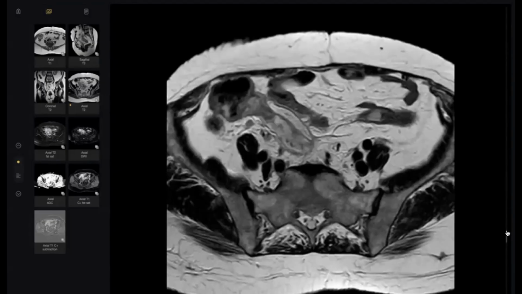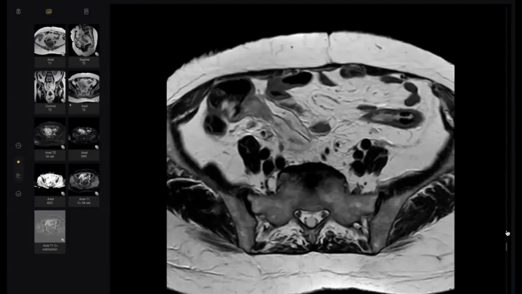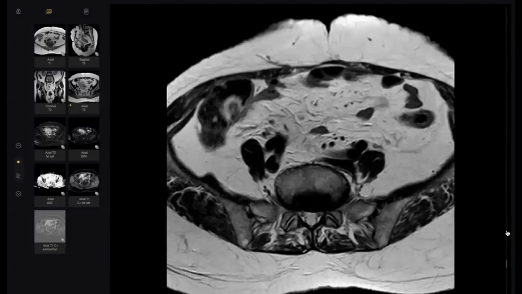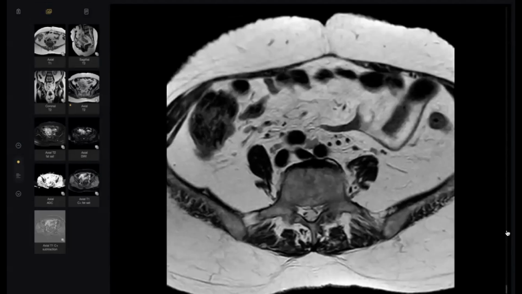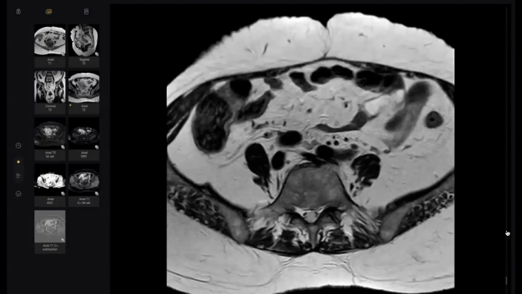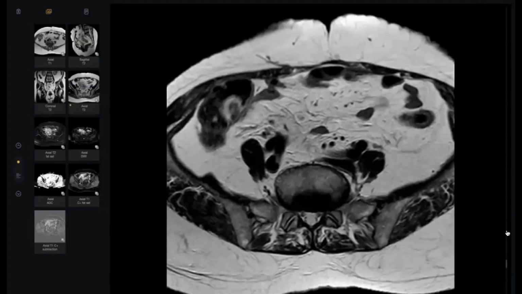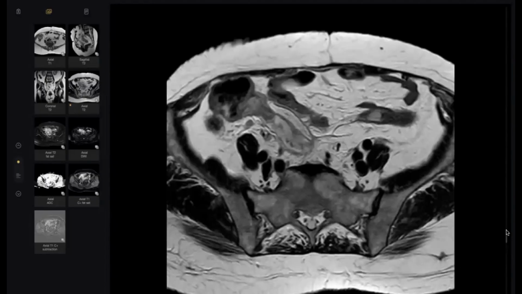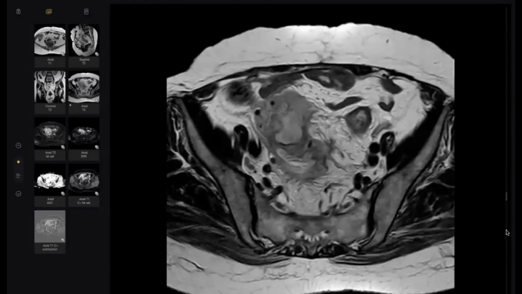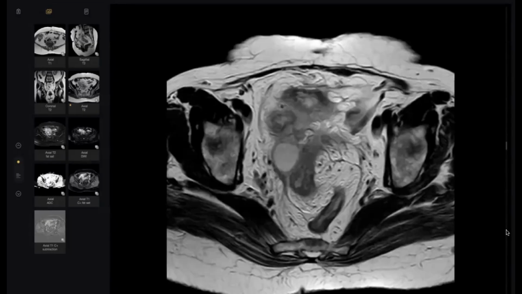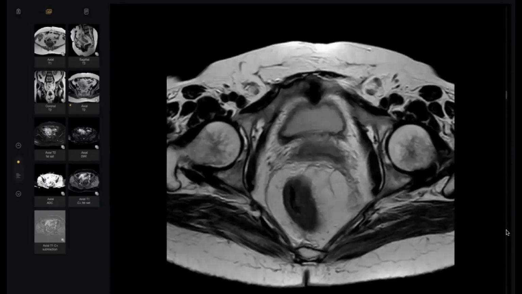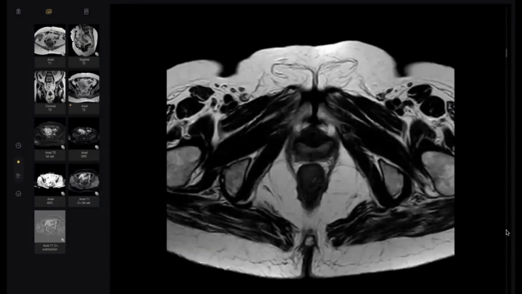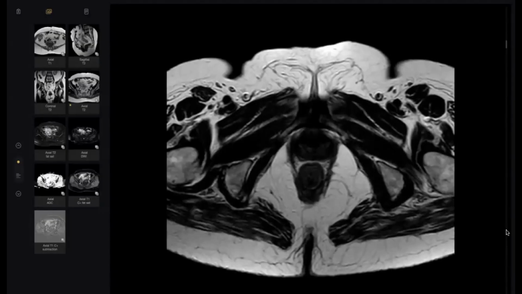I'll take a quick look at the top images. The ileocecal junction is intact and the normal fatty area in the ileocecal junction is preserved. I'm going further up to see if any other abnormality is evident on the scan.